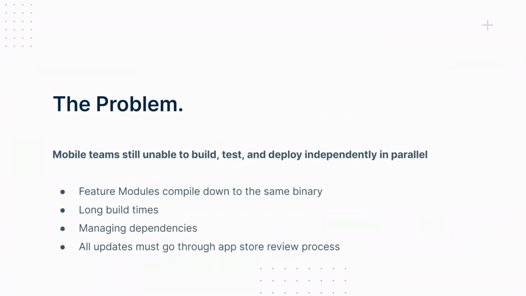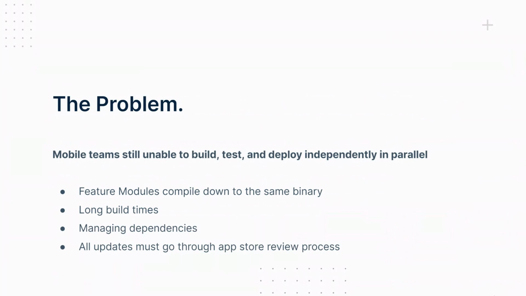But remember, they ultimately have to compile down into the same binary. So this is more for when you're trying to integrate your new features and functionality, run automated tests, and ultimately ship it to the App Store. You're still going to need every team's app code bundled together, tested, and deployed.